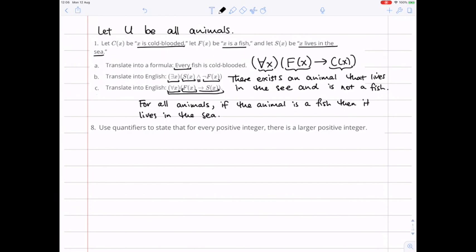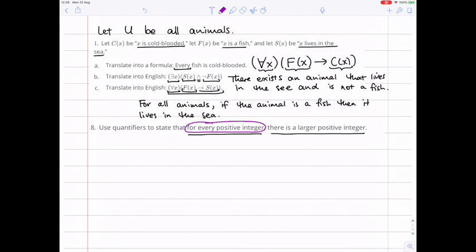All right, so we've done some not very mathematical examples. Now let's see if we can use quantifiers to state that for every positive integer, there is a larger positive integer. When we start parsing this idea, the first bit we need is for every positive integer.